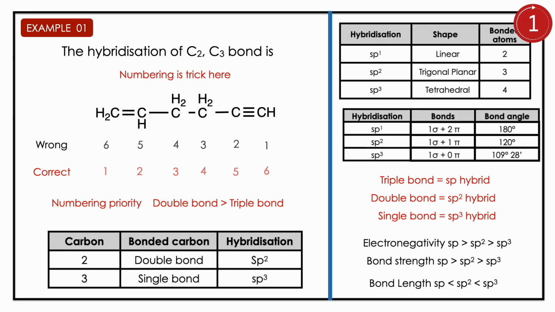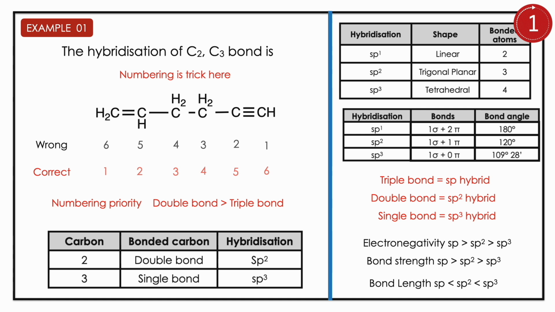The common mistake is numbering. Numbering should start from the alkene, not from the alkyne, because according to IUPAC, the double bond has higher priority than the triple bond.